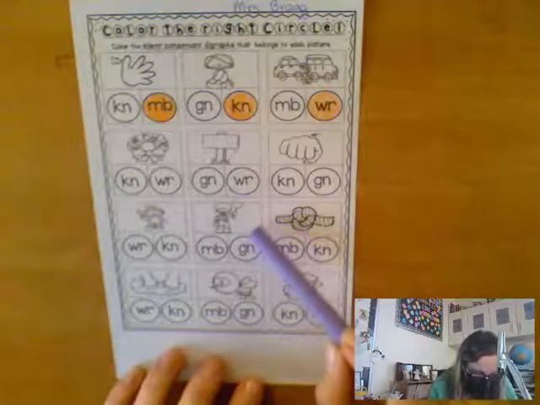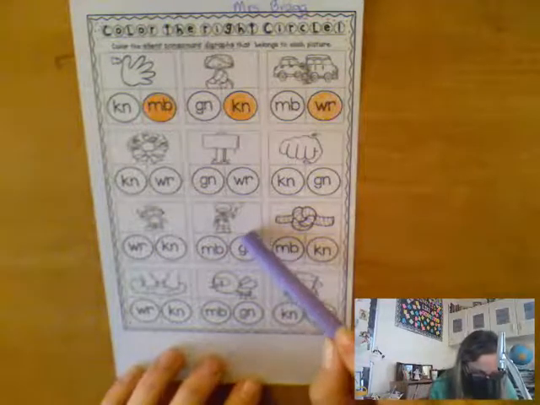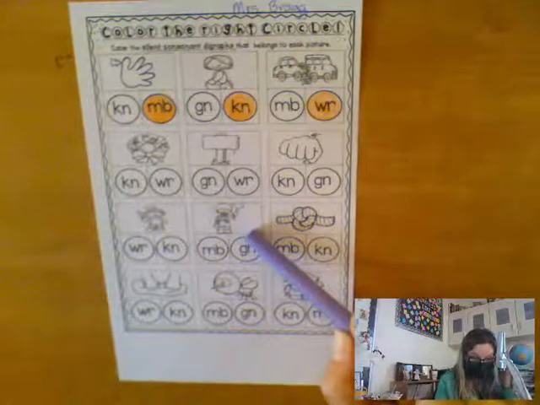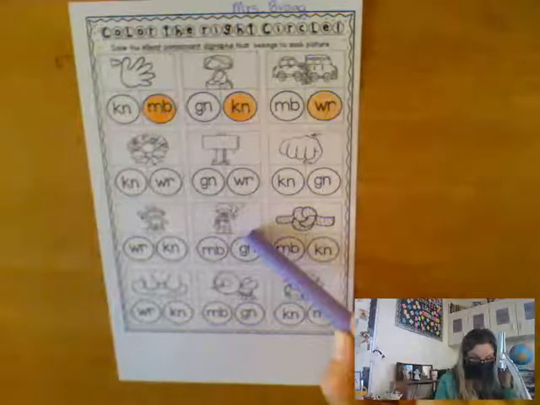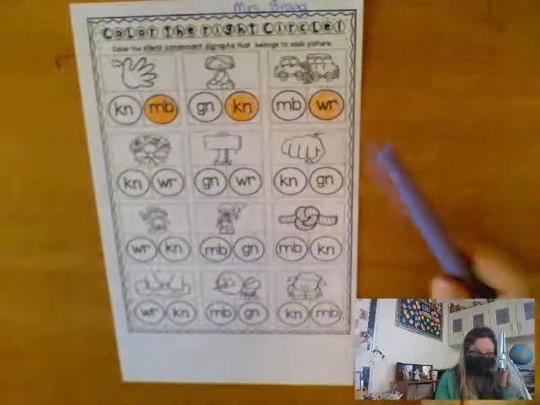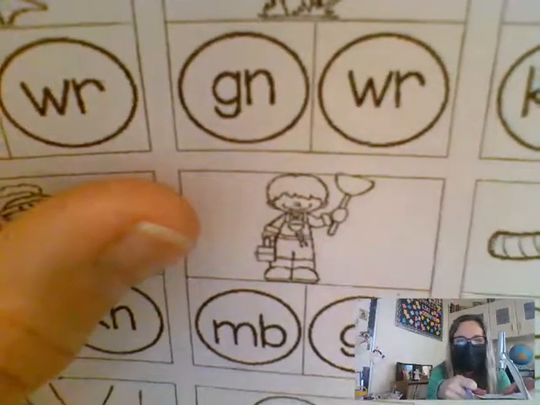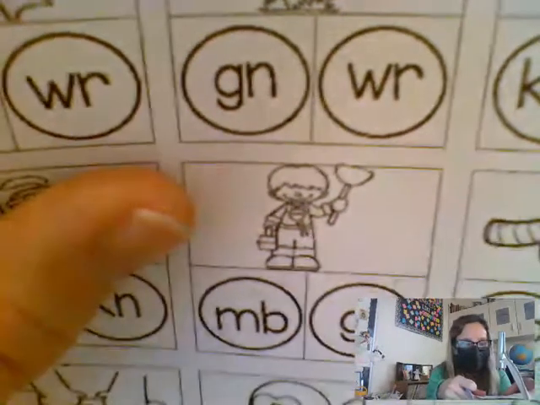This one looks like we have, what is he, a garden gnome? I don't know. What is he? Or is it a farmer? Farmer wouldn't work, though. Let's look at him up close. What is that guy? Plunger person.